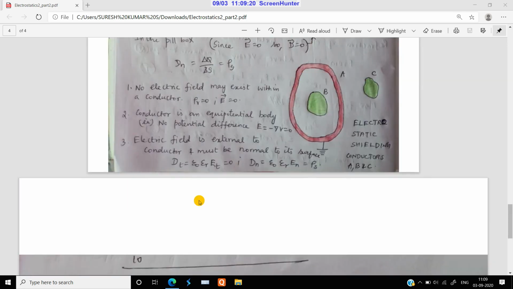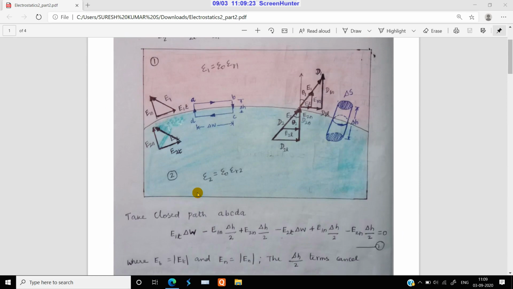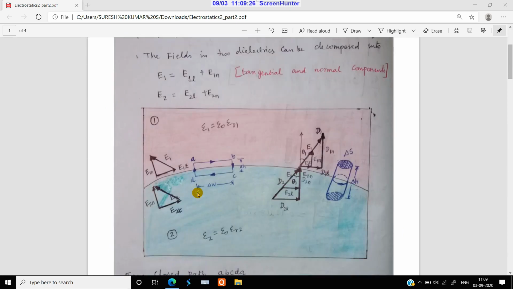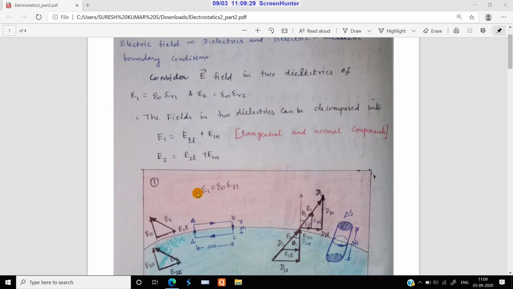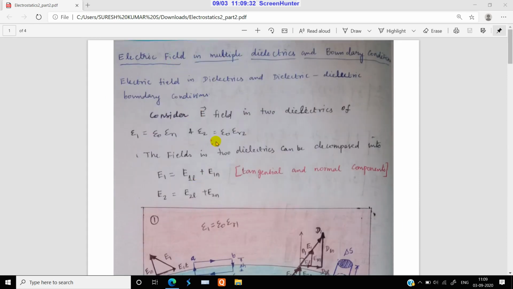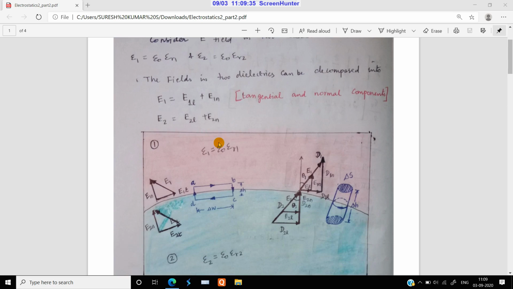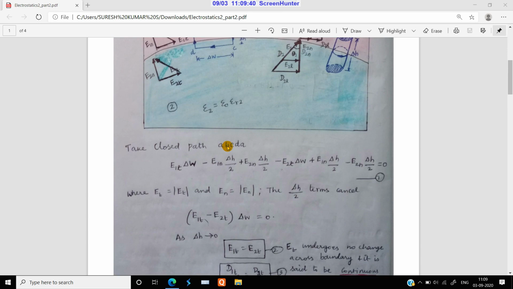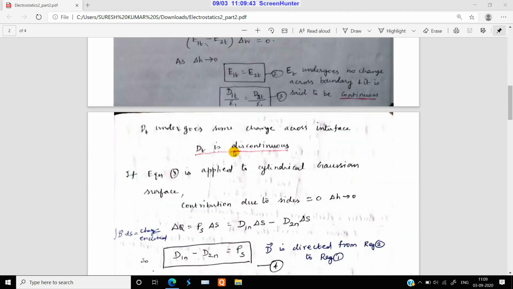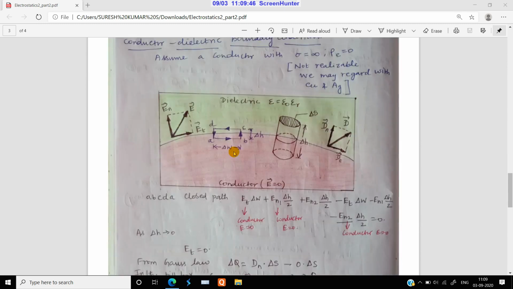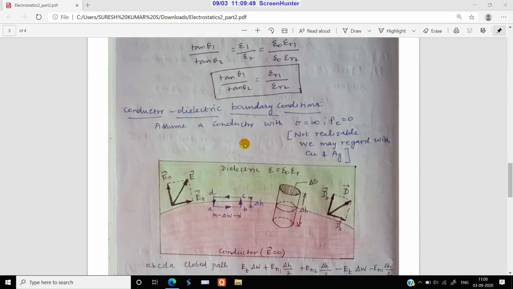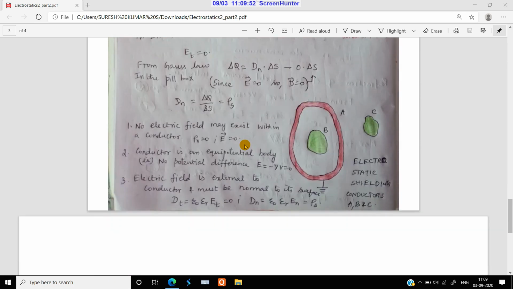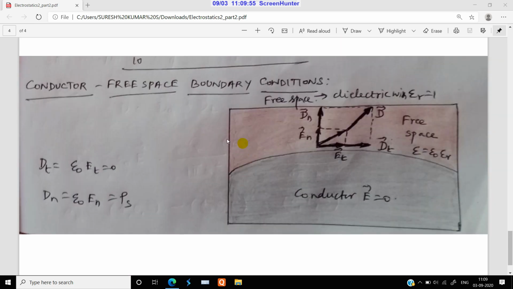From this discussion we are going to conclude that for the boundary condition of the electric field along the dielectric medium, we are only going to have the normal component. Also for the dielectric and conductor boundary conditions, we are only having the normal component, and also for the conductor free space boundary conditions we are only having the normal component.